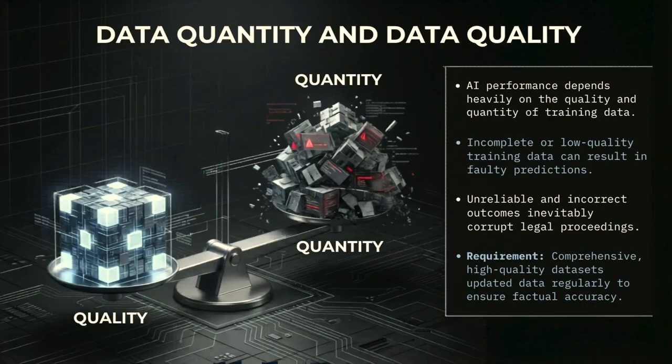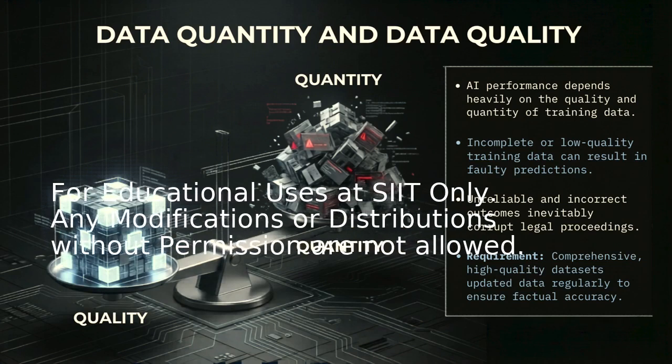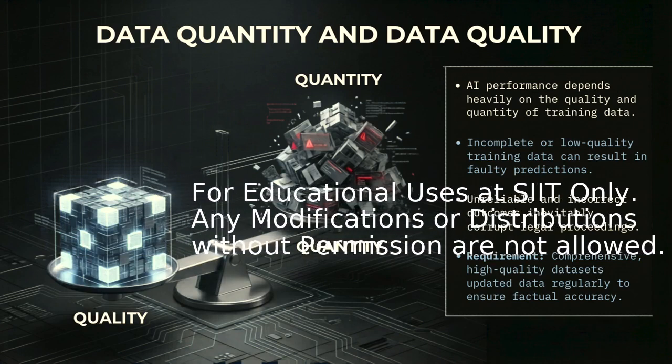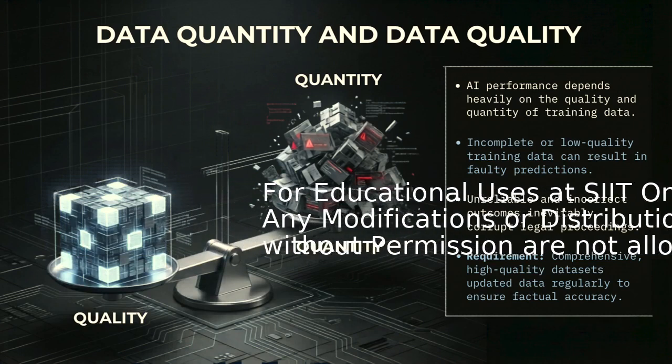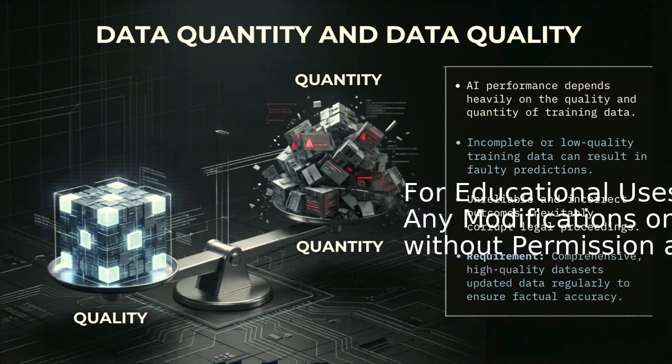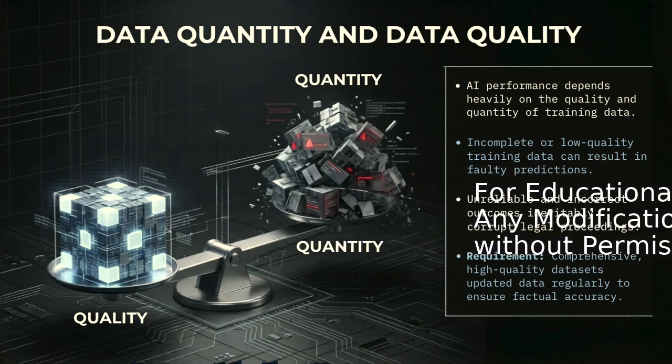And another concern is data quality and data quantity. The more data, the more accuracy of AI. Yes, of course. But if it's not quality data, it's garbage in, garbage out, right? That's why the performance and reliability of an AI model depend heavily on the quality and quantity of data.